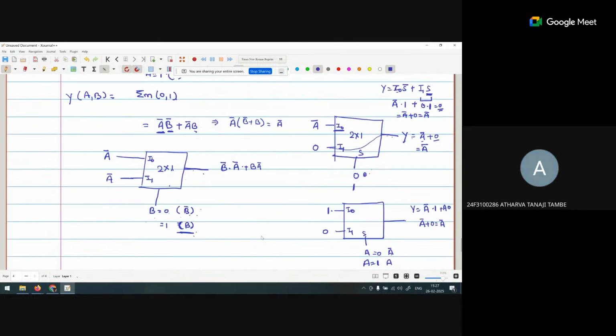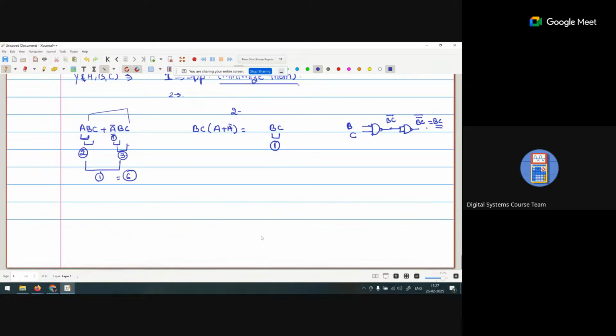The thing is that first of all, we remember that, for example, we have a 2 cross 1 mux, with inputs I naught and I1.